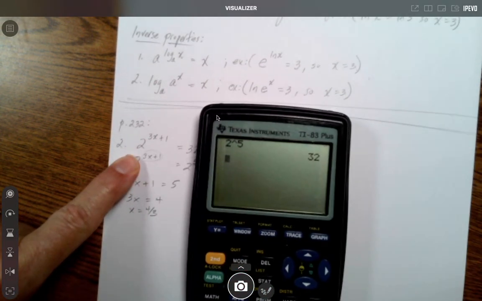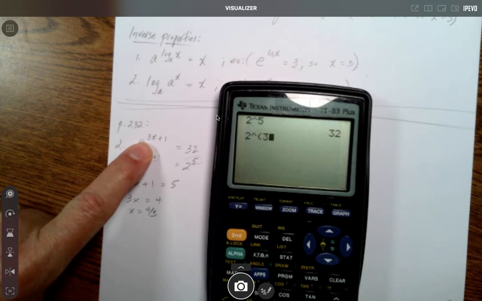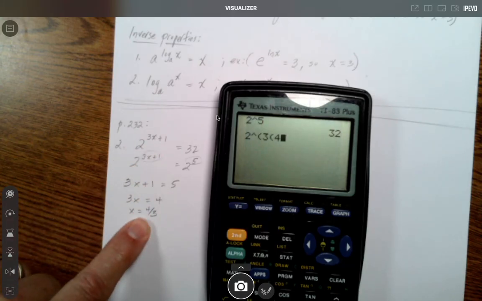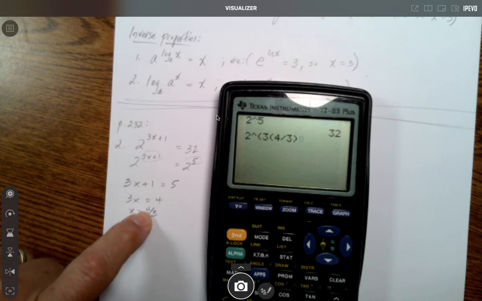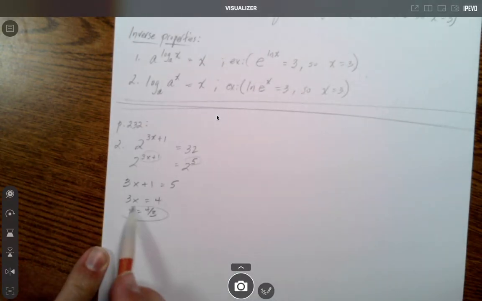And I can confirm that by doing 2 raised to the parentheses 3 times 4/3 plus 1, close the parentheses, and I should get 32, and I do. So it works.